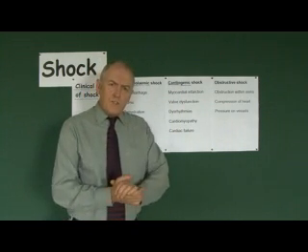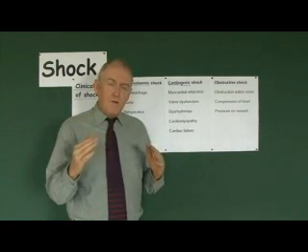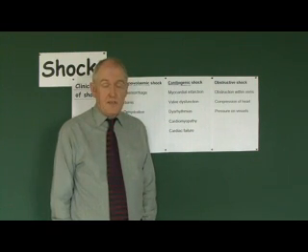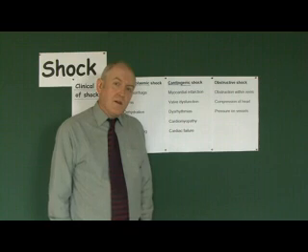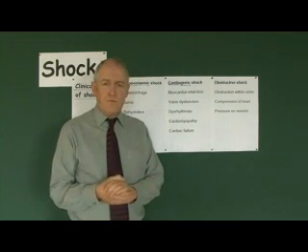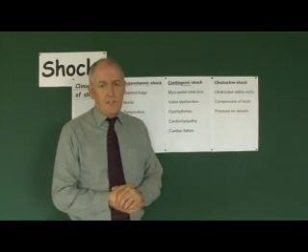And normally, of course, as blood goes through the heart, the valves prevent reflux of blood. So we have the atrioventricular valves between the atria and the ventricles, and we have the aortic and the pulmonary valve between the ventricles and the large arteries.